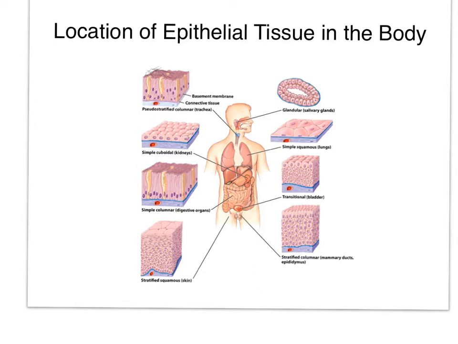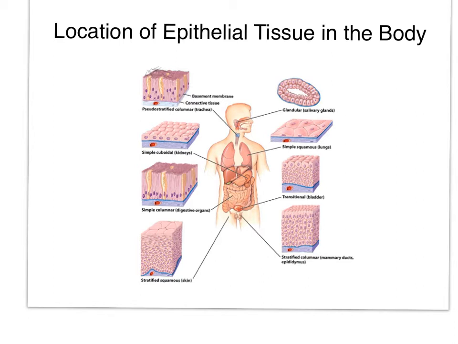Know what transitional epithelium is, at least vaguely. And you should know the main places in the body where different types of epithelial tissue will be found. You should know the functions of epithelial tissue and what it is.